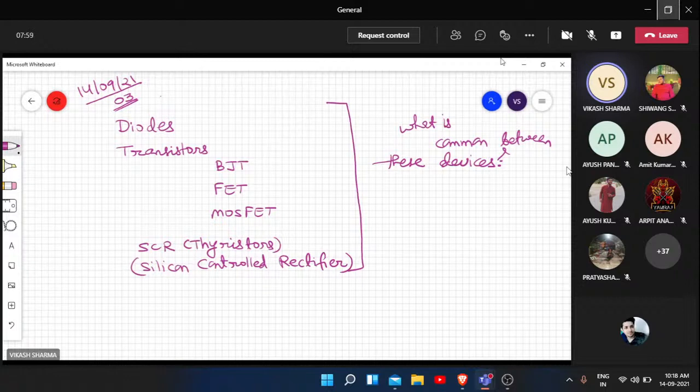I have repeated this many times while I was teaching some of you in the first semester, and also I have talked about these devices at the beginning of the subject. So I want to know some answer from you. What is common between these devices? If you know more than one answer, you can answer more than one also.